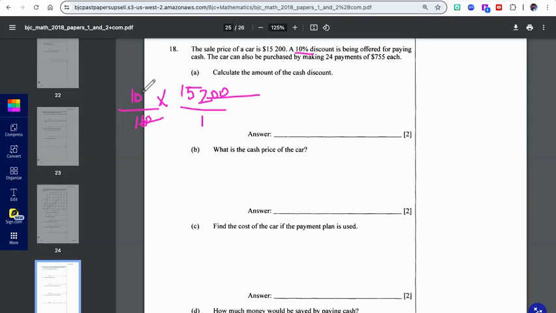What is left? My remaining factors will be 10 at the top over 1 at the bottom multiplied by 152. Those zeros went. So if I multiply across, I'm left with 10 times 152. That will give me 1,520. That's 10%. With 10%, all you needed to do is drop one of these zeros.